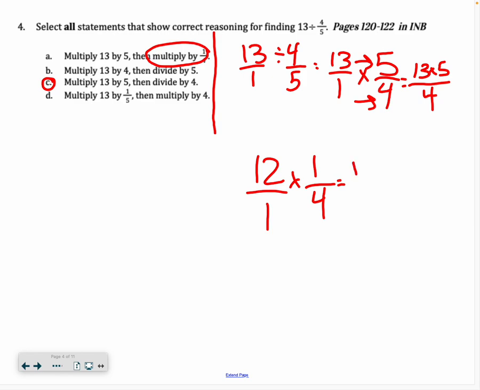Well, if you multiply across, you get 12 over 4. So we see multiplying by a fourth ends up really just being divided by 4. So statement A could also be used because multiplying by a unit fraction is the same thing as dividing by that number.